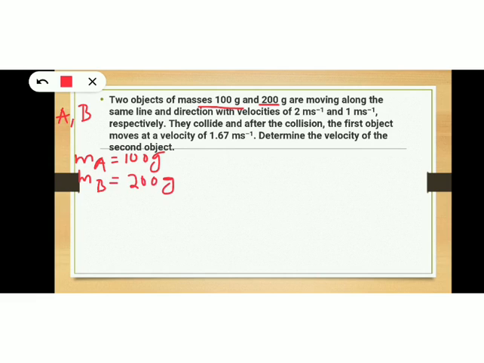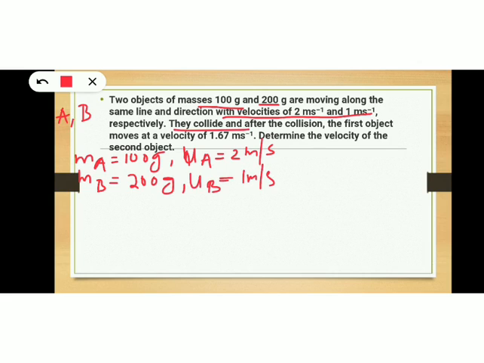Now they are moving along the same straight line and direction with the velocities of 2 meter per second and 1 meter per second. So let the initial velocity of A be 2 meter per second and let the initial velocity of B be 1 meter per second. They collide.